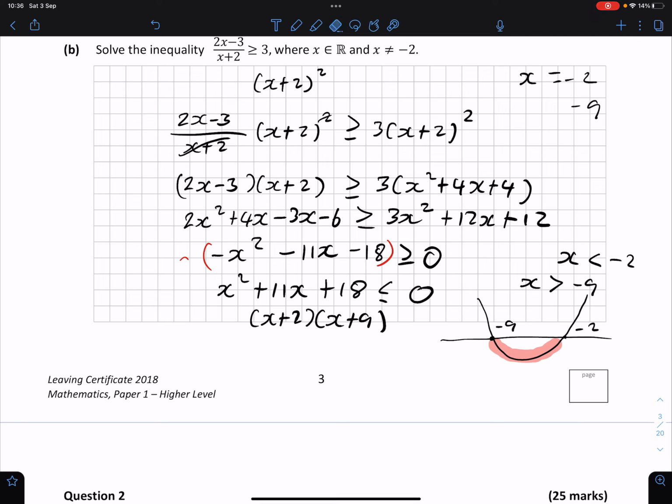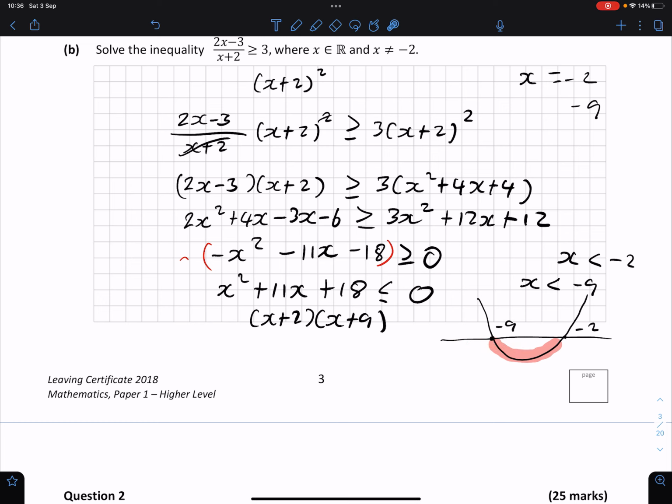The opposite: say for whatever reason we make a mistake and say x is less than minus 9. If we think about this number line here, we're looking for x values that are less than minus 9, so we're going this way. Now, if we go this way, let's look at the curve. The curve is also traveling this way, and it's above this line here, which means it's actually greater than 0.